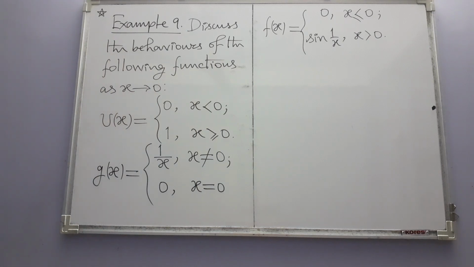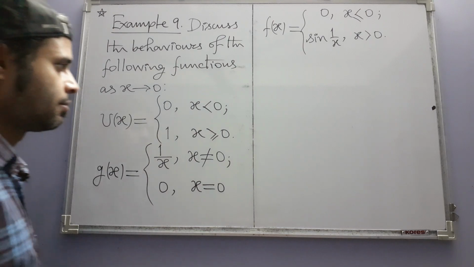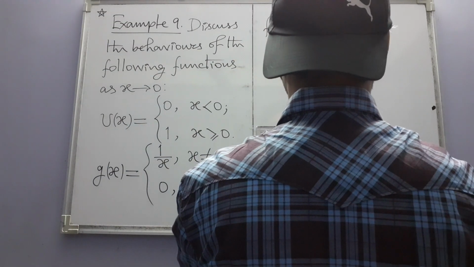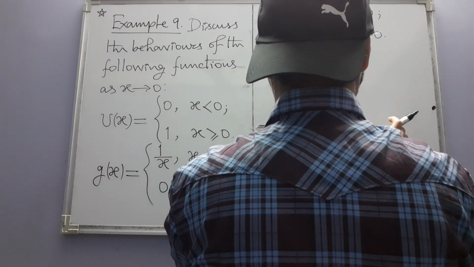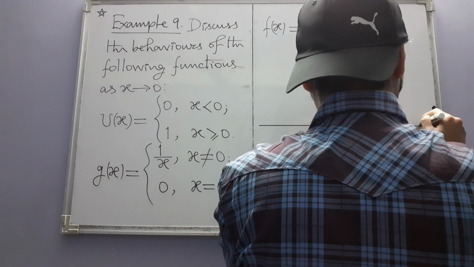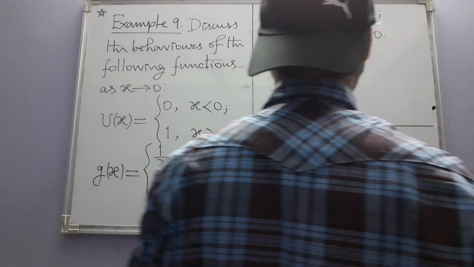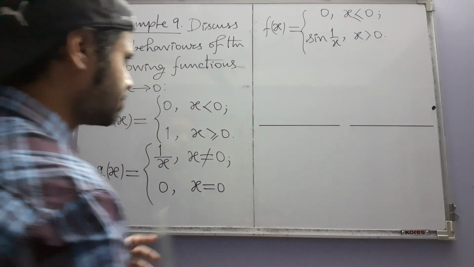Okay, so let us now draw the graphs. In order to show everything together, I am going to draw two graphs side by side, the graphs of u and g.